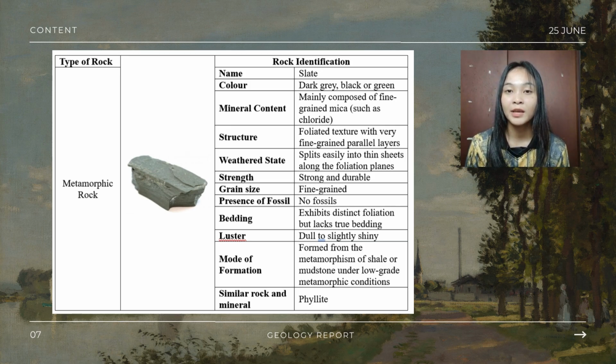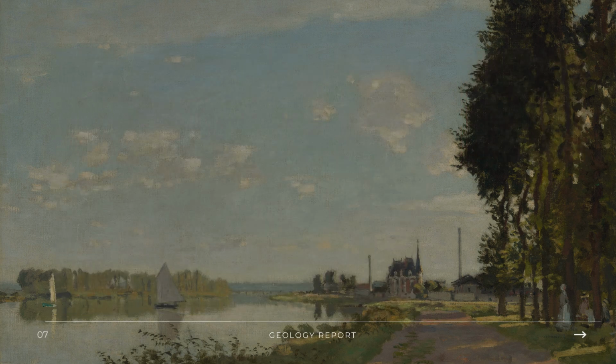While it exhibits distinct foliation, it does not have true bedding planes and has a dull to slightly shining luster. Slate forms from the metamorphism of shale or mudstone under low-grade conditions. A similar rock is phyllite, which has a slightly higher degree of metamorphism and a fine-grained texture.